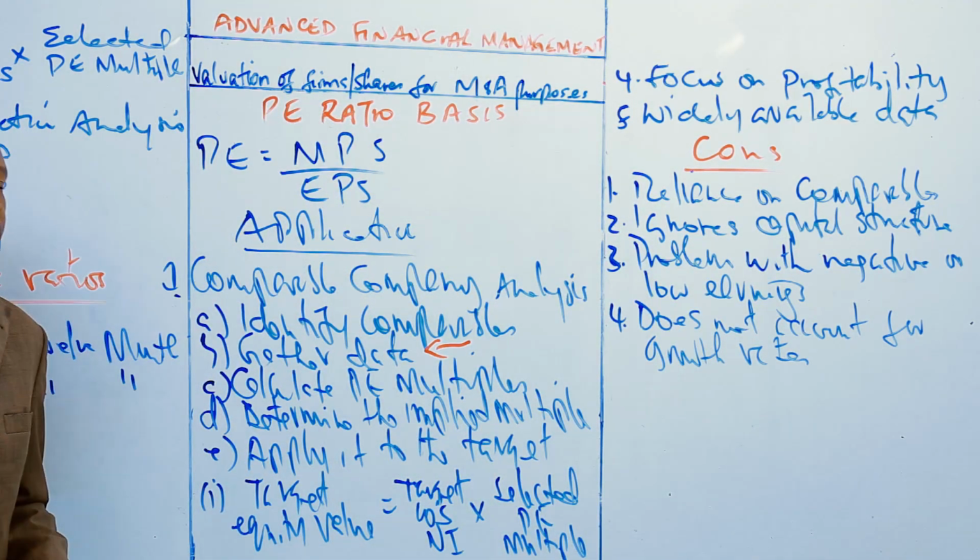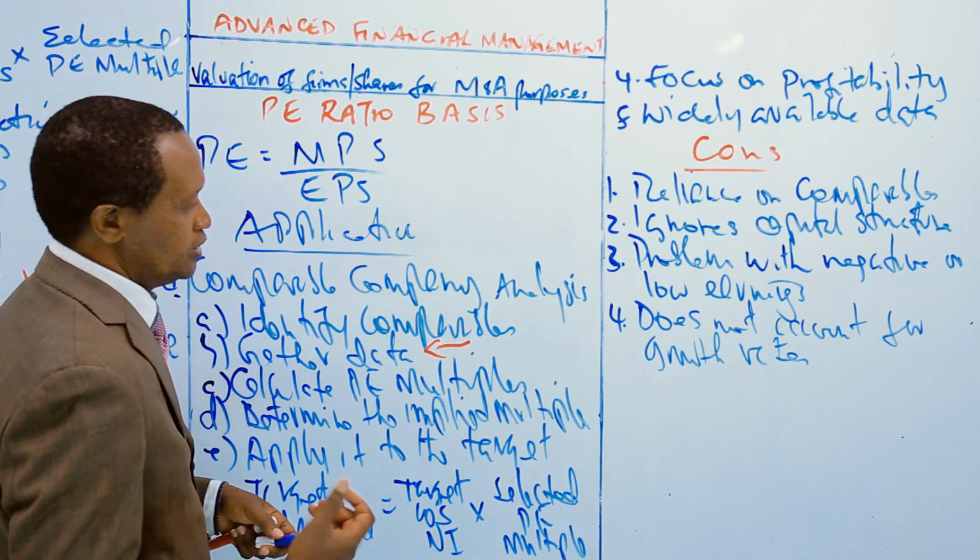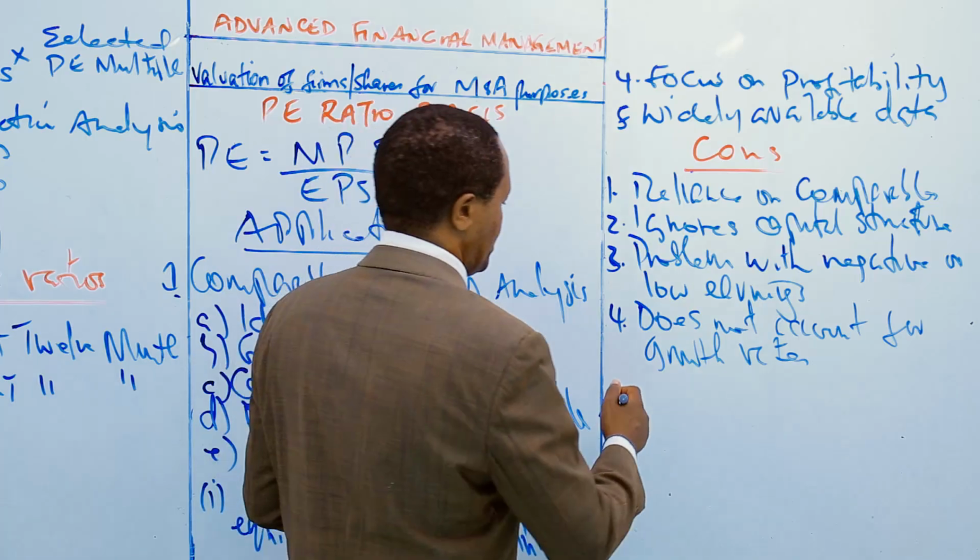While a high PE often implies high growth expectations, the ratio itself does not explicitly factor in the rate of growth, because a company with a lower PE might be a better investment if its growth rate is significantly higher than a peer with a higher PE. You understand what I'm talking about.